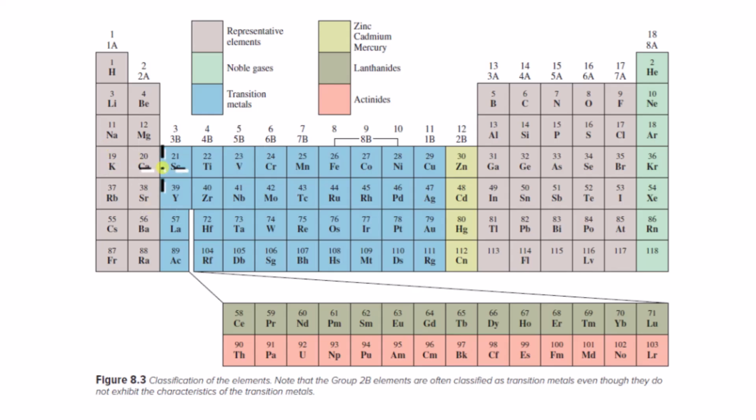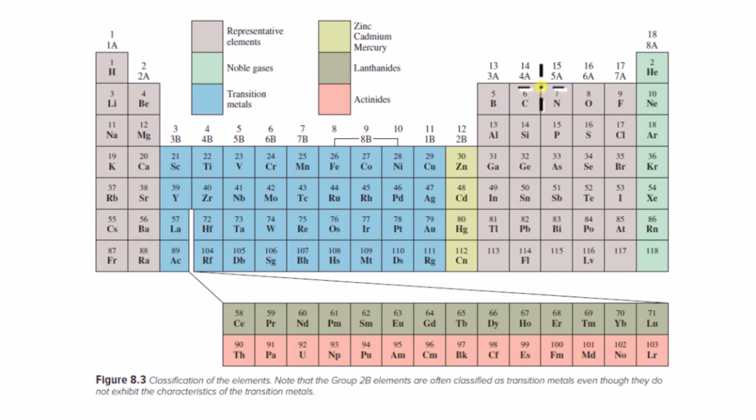This makes sense because the B acknowledges that you're dealing with the transition metals, this middle block of elements here, and the A acknowledges you're dealing with a representative element or a noble gas. So 1A, 2A, 3B, 4B, 5B, 6B, 7B. But then all three of these columns are 8B. And then we don't go to 9B, we go to 1B, then 2B. And then when we come here, it's not like we go to 9A.